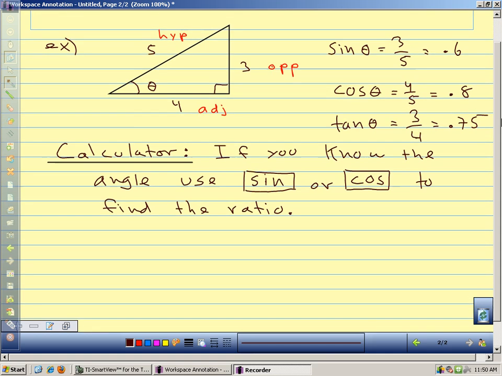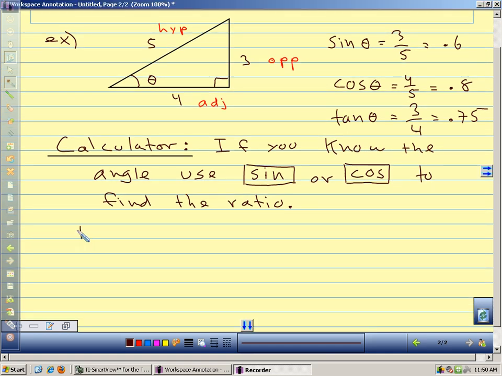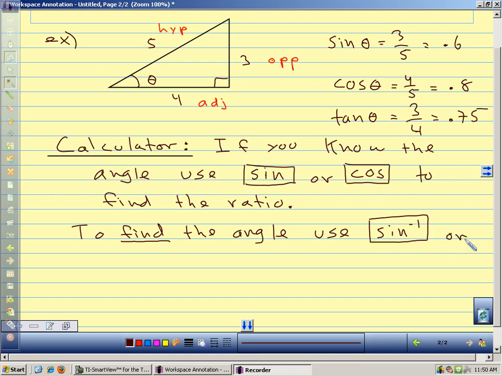If we need to find the angle, so we know that we have the ratio and we want to find the angle, we use the inverse sine or the inverse cosine.